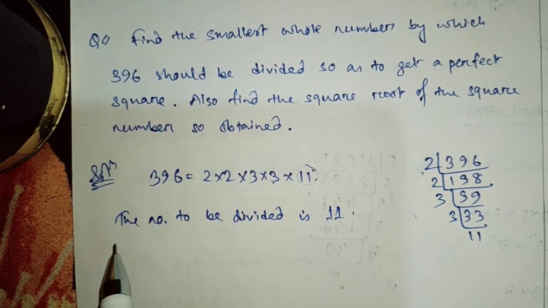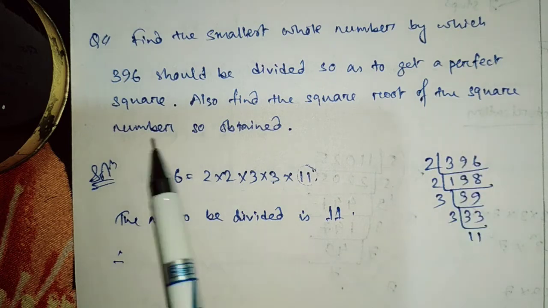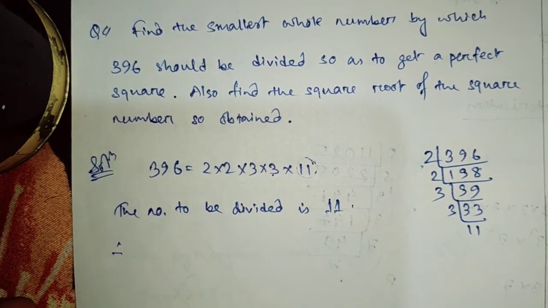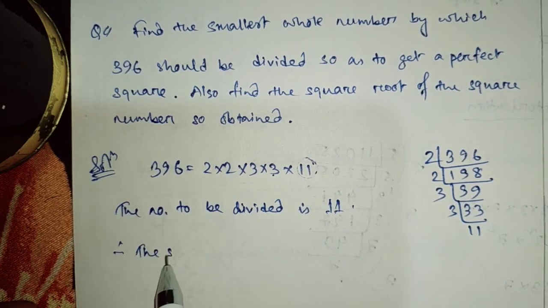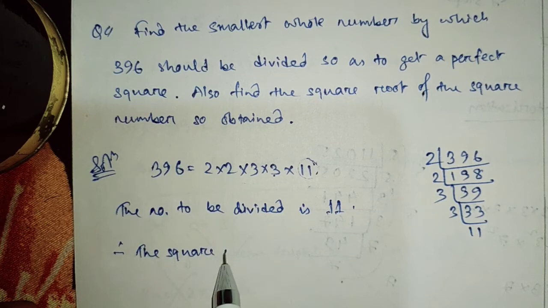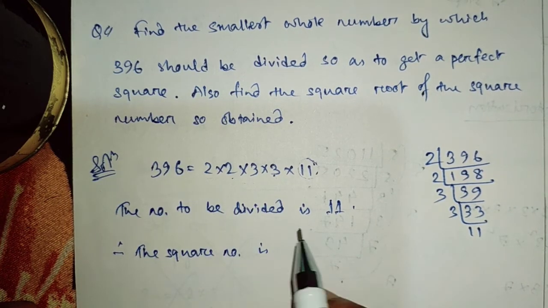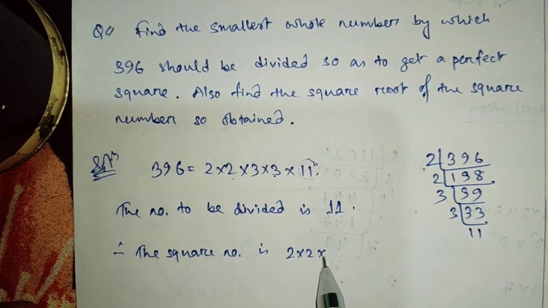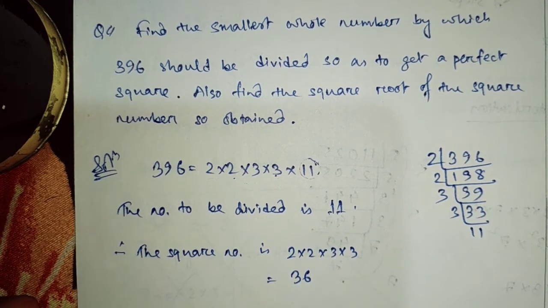Therefore, the second part of the question, also find the square root of the square number obtained. Now what is the square number we get after dividing by 11? The square number is 2 into 2 into 3 into 3, which is 4 9s are 36.